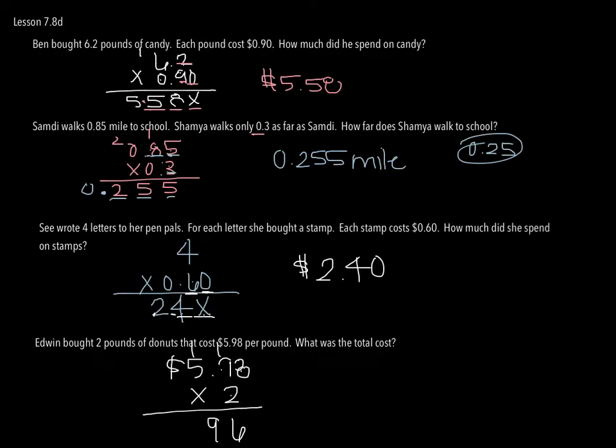Carry the 1. 2 times 5 is 10, plus 1 is 11. Now, how many spots to the right of the decimal point? 1, 2. We don't have any here, so we go 1, 2. Decimal point right there. Edwin spent $11.96 on donuts.